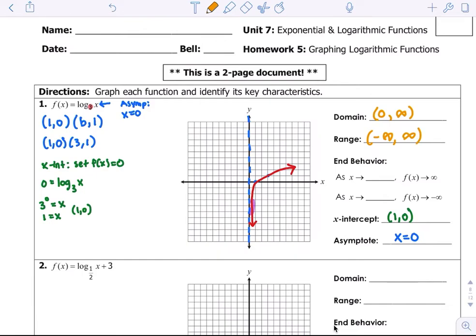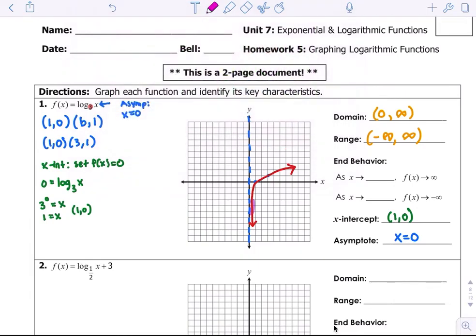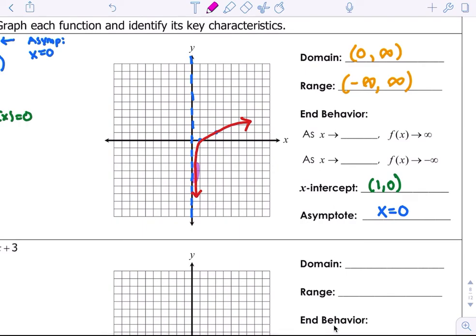All right, and end behavior. So take a look. When you see that, that means when x is going towards infinity, which means it's going up. So when this graph is going up, it's over here, and that's when x is approaching infinity.